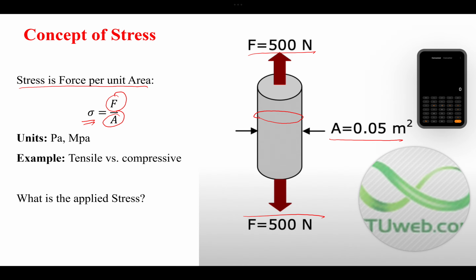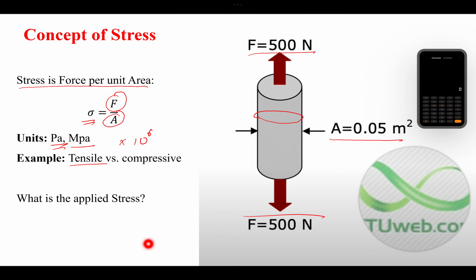It is represented as sigma, which is defined as the force per unit area, and the units are Pascal. If it is quite large in Pascal, you can convert it into megapascal, which is 10 raised to the power 6. So either you use Pascal or megapascal, it's totally up to you.